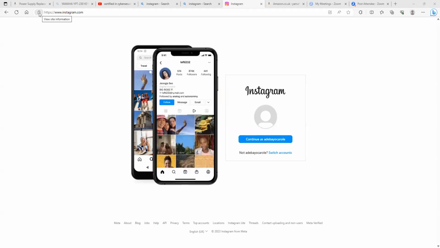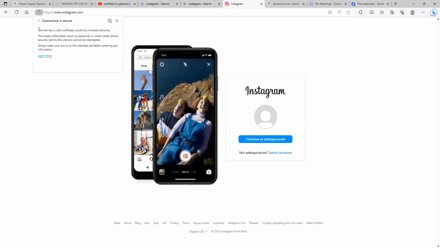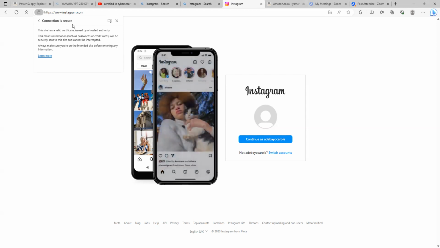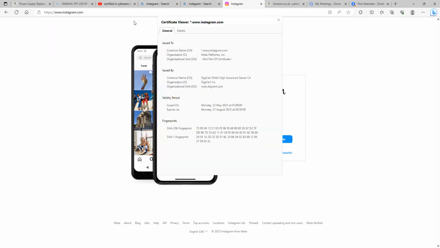Then you click on this padlock here. Once you click on the padlock, it says that it's got a valid certificate, it says the connection is secure. That's why it's got the HTTPS, and it says that the connection is secure. And then you can view their certificate details here.